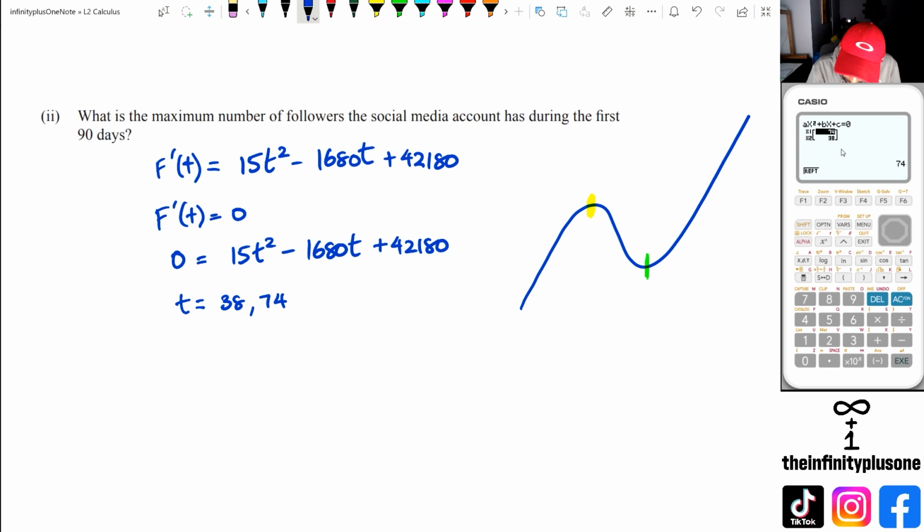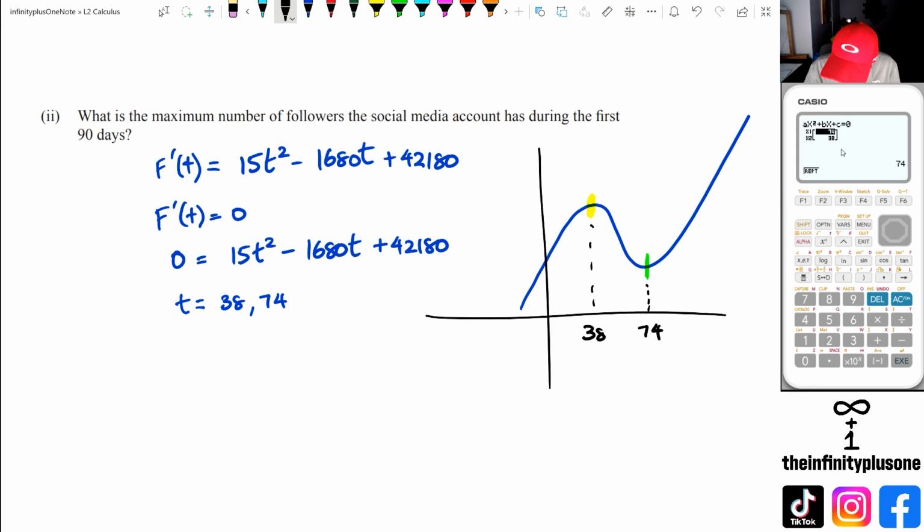And because of the way time is structured, we can see that the maximum is at 38 and the minimum is at 74. So we need to figure out what the followers were when t is equal to 38. That's going to give us the number of followers they have.